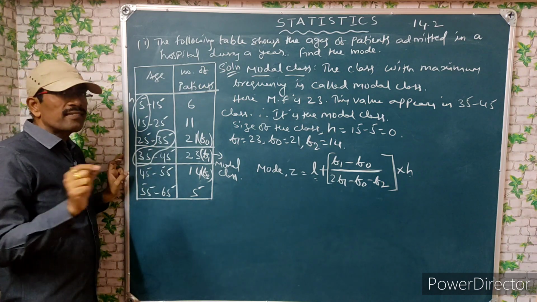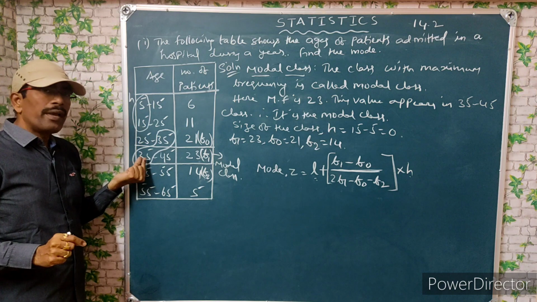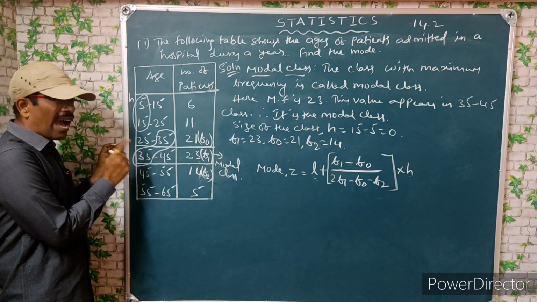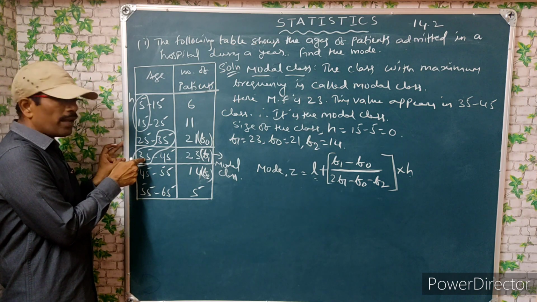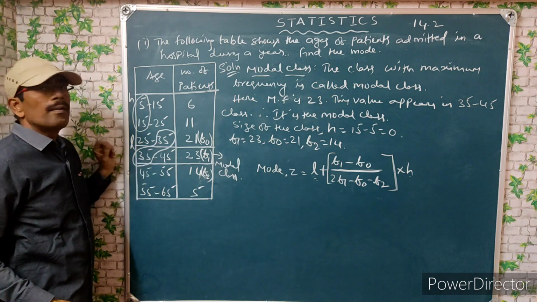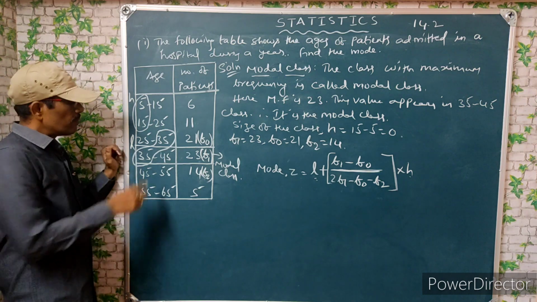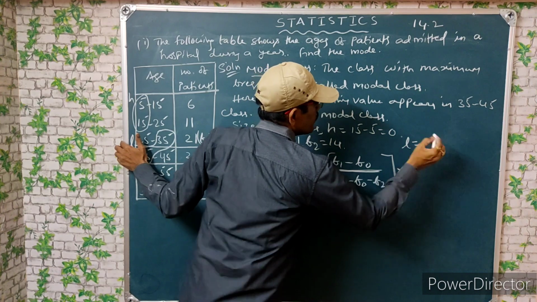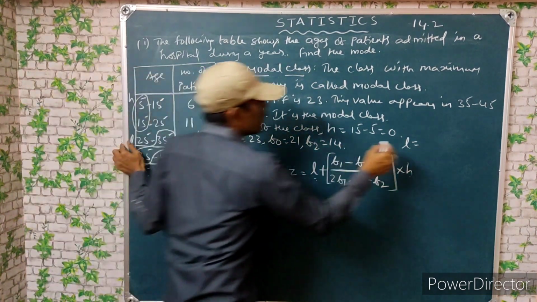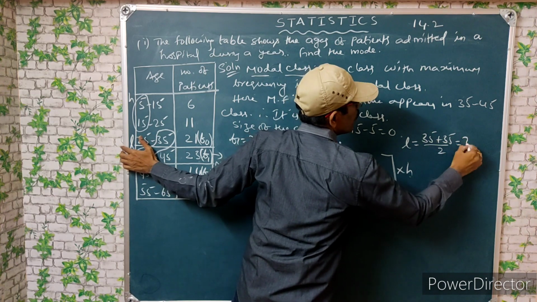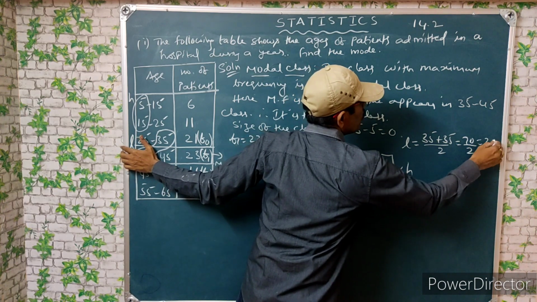So L is equal to (35 plus 35) by 2, that is equal to 70 by 2, that is equal to 35.